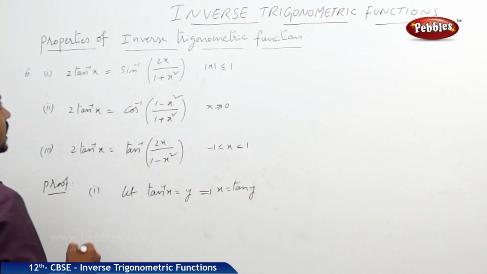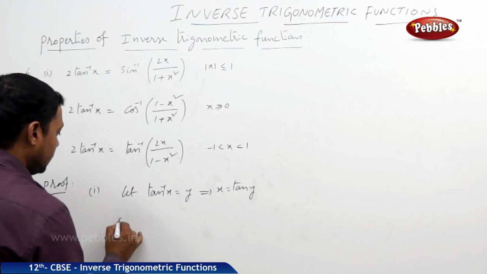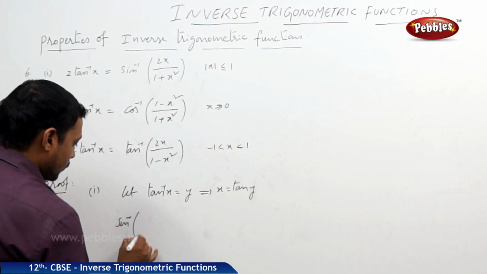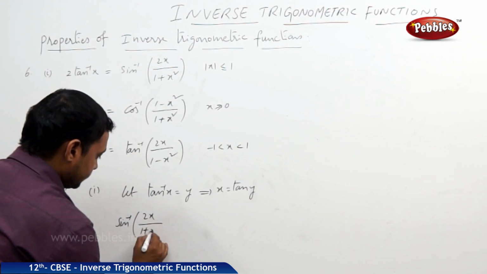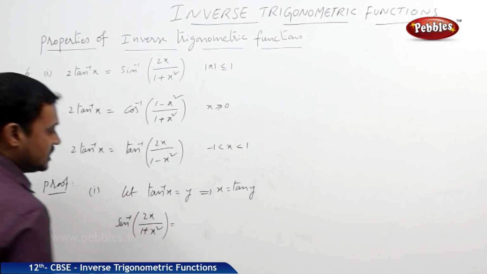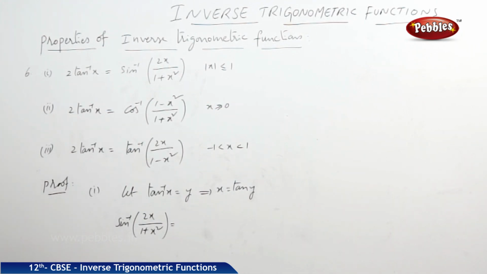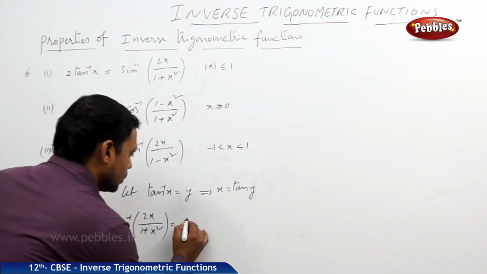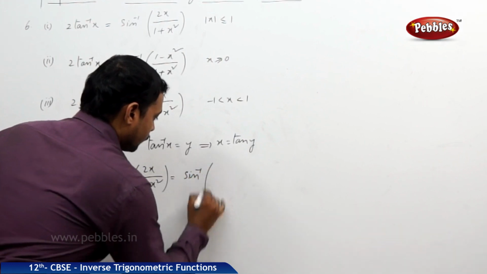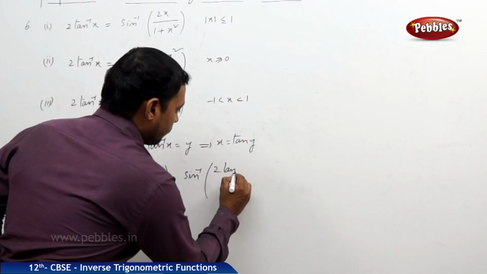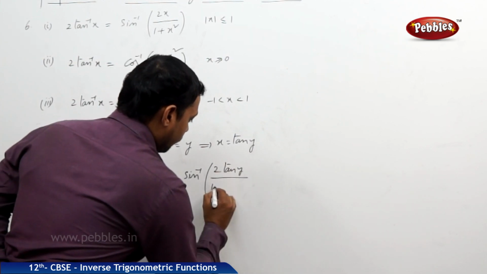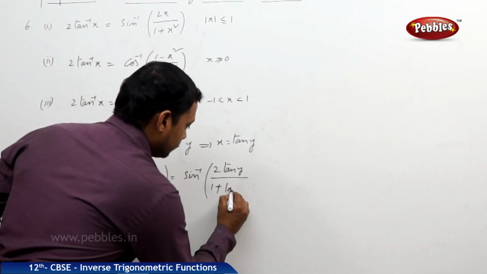Now consider this function, sin inverse of 2x by (1 plus x square). Now this is sin inverse of 2 into tan y by (1 plus tan square y), where x is tan y.